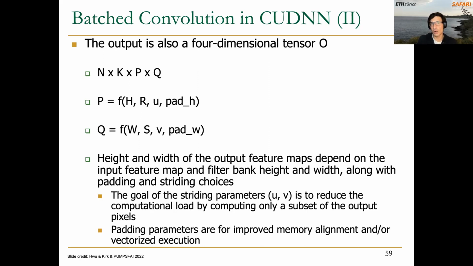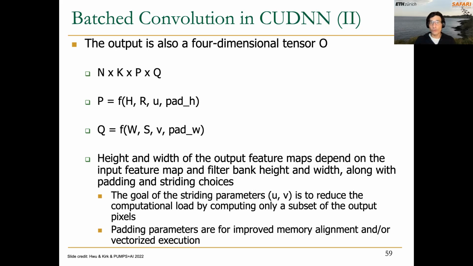The goal of the striding parameters U and V is to reduce the computational load by computing only a subset of the output pixels. So we are not computing all pixels of the output feature map, but just those at a certain stride, U or V, depending on the dimension, vertical or horizontal. And the padding parameters are for improved memory alignment and/or vectorized execution. That's a kind of padding at the end of the tensor in order to have better memory accesses, basically.